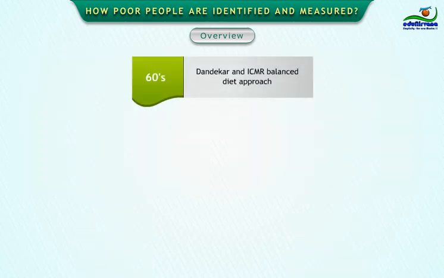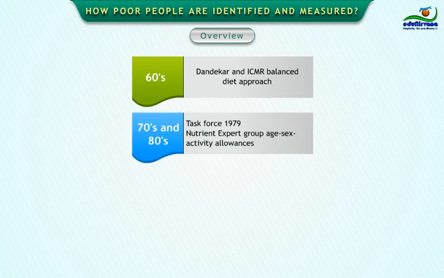In the 60s, the poverty line was influenced by the work of Dandekar and the ICMR balanced diet approach. In the 70s and 80s, it was influenced by the Task Force 1979 and the Nutrient Expert Group age, sex, activity allowances.